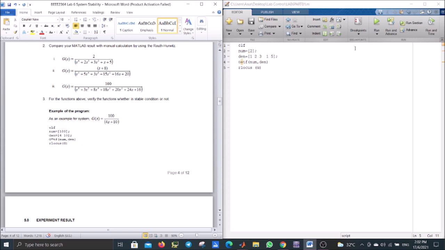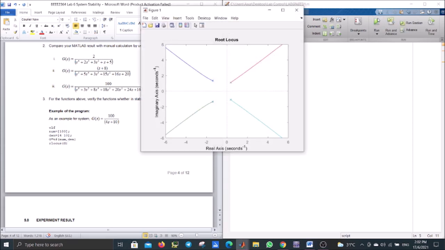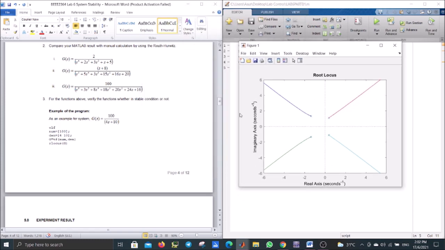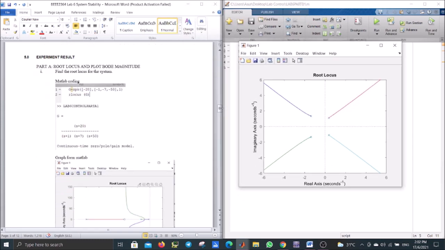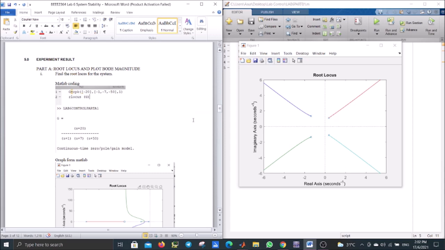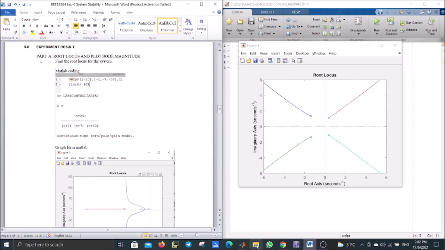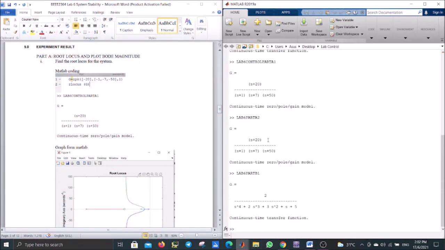After you copy and paste the code and substitute the values for each question, you run the MATLAB code and you will get the output. So this is the output that I have gained, so check the command prompt. This is lab 6 part B1. This is the output that I have.